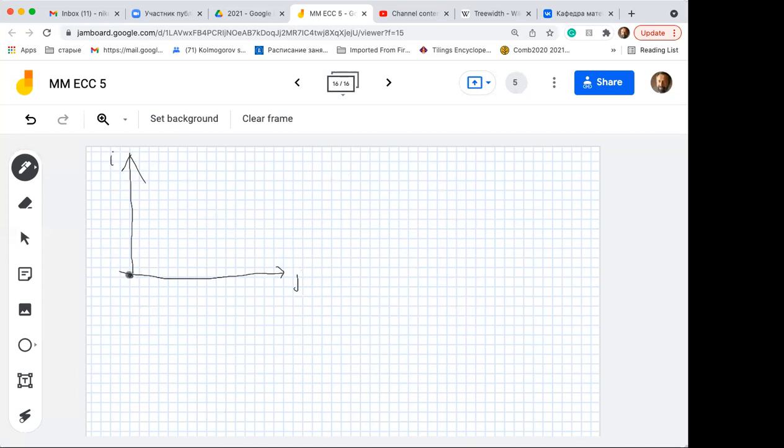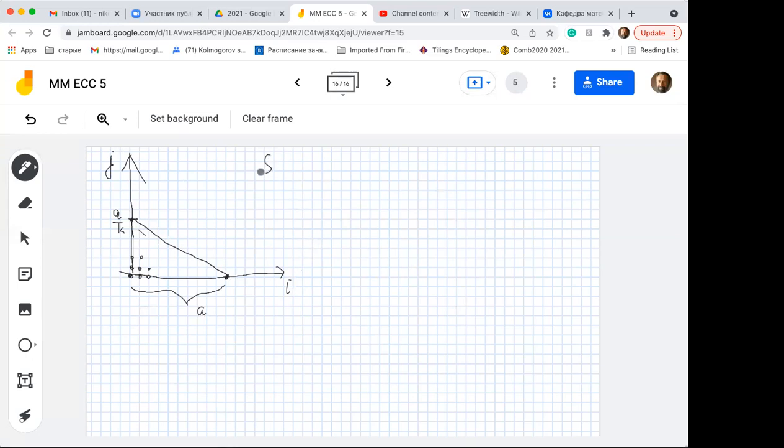We count all the points on the grid that are inside the right triangle, where j is at most A over k and i is at most A. So we need to count how many pairs of natural numbers lie strictly before this line, the hypotenuse of the right triangle.